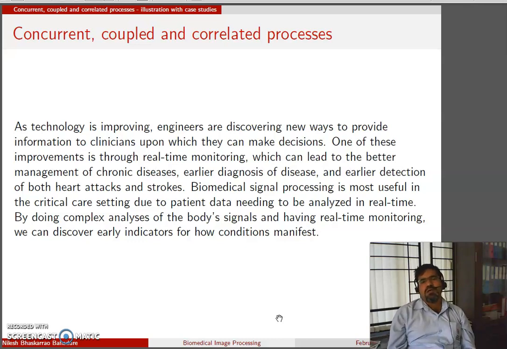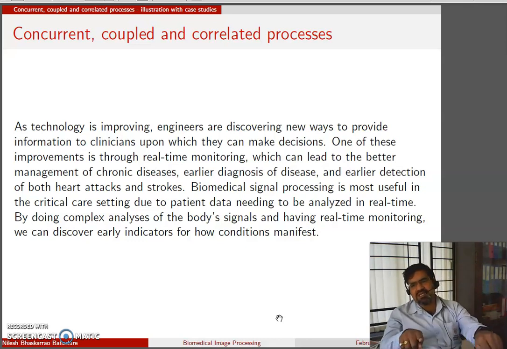Similarly here, through the different mechanisms, through the aid of the technology, we are providing some decision making system. We are measuring the heart parameter through ECG, we are measuring the brain activity through MRI or CT, and then finally we are relating all this information with the help of the computer system, that is by means of the algorithm.